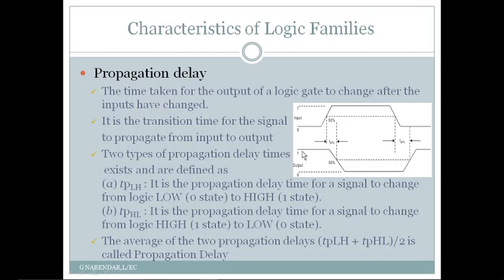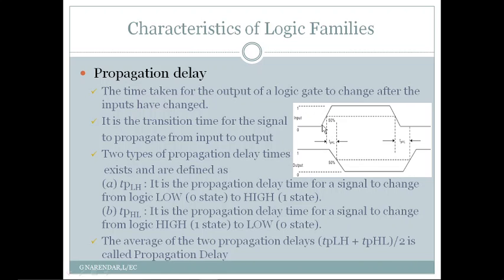This is the output signal of a logic gate, and you can see that the output is changing from high to low, and after some time, when the inputs have changed, it is changing from low to high again. The input changes at this instant of time, but the output changes at this instant after a certain delay.